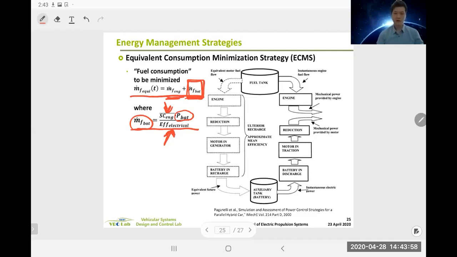But at the end of the day, this is just some lumped rough number, because in order for us to determine these values, we need some sort of average number, right?